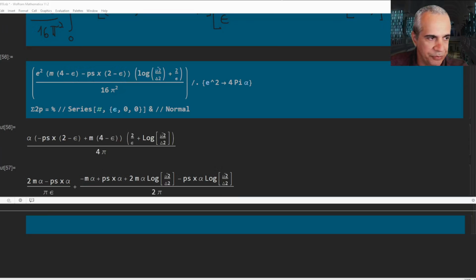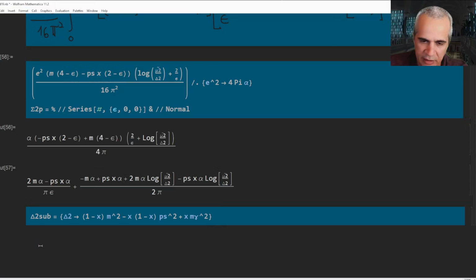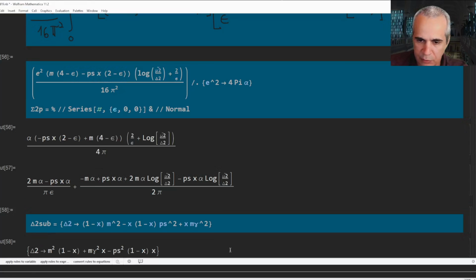And I also have delta 2 here, which I'll eventually have to substitute by its full expression. So I'll create a substitution rule for that, which substitutes this delta 2 by the expression with everything in there.